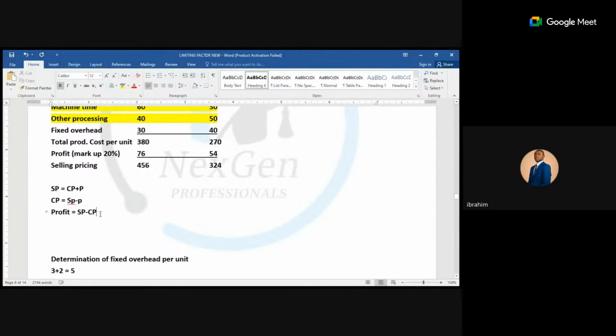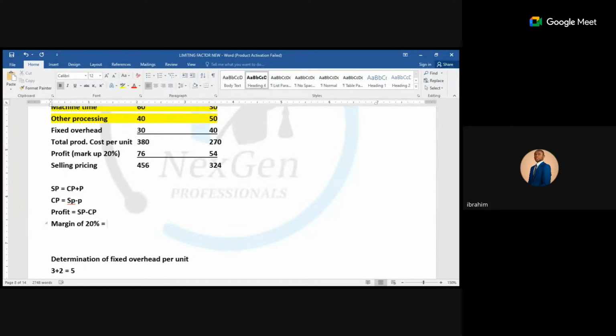Now, in another scenario, let's assume this is not markup. Markup is always on cost. Now, let's assume that it is margin of 20%. Margin is not on cost. Margin is on sales.